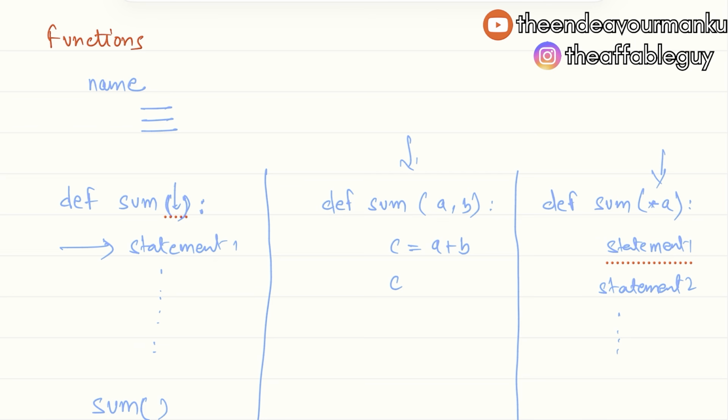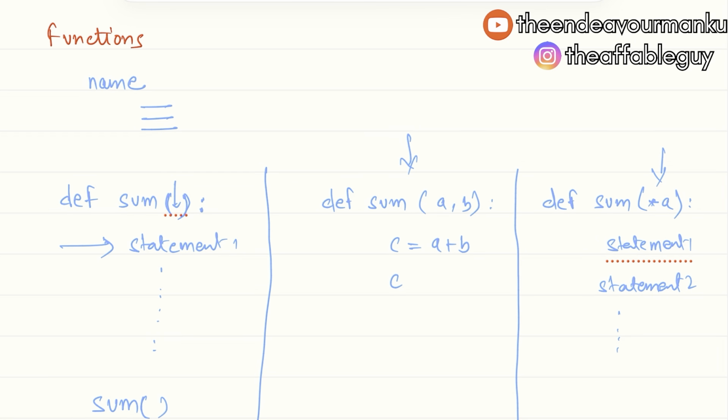Now a fruitful function: suppose instead of print c, let me write return c. So it is returning a value. When the function is called, it will calculate a plus b, a and b will be passed here, and it will return the sum, that is return c. So these are called fruitful functions.